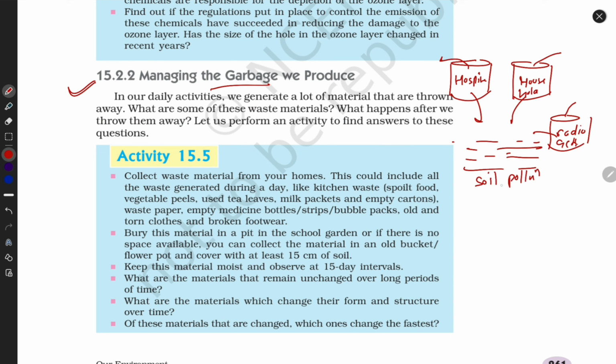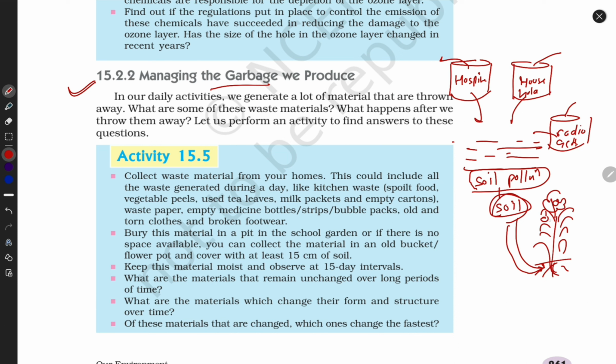Then we call it soil pollution. If soil is polluted, then plants will also be affected, because from soil plants get minerals and nutrition. And when plants are affected, their food, fruit, leaves, all are affected.